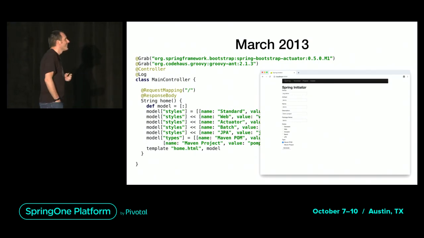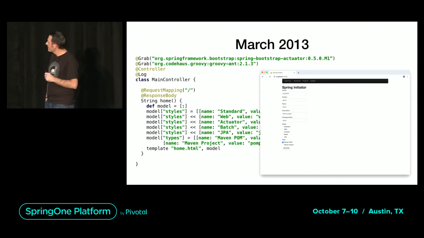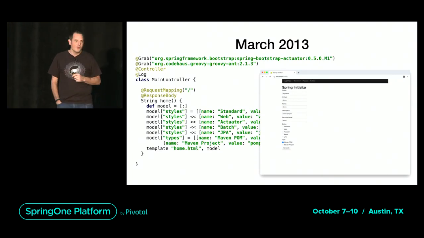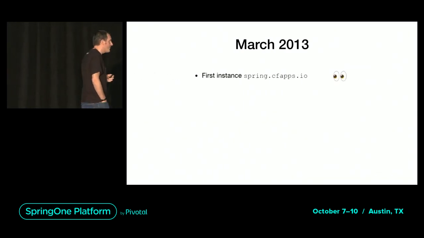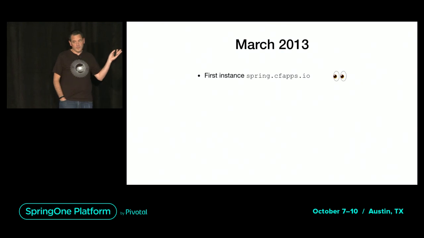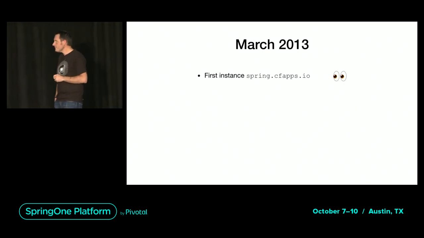Okay. So this is the first web UI, wonderful web UI, as we can all see, with only a few options there. But this is what we had. So March 2013, there was a single spring.cfapps.io domain that we used. It wasn't Spring.io yet.